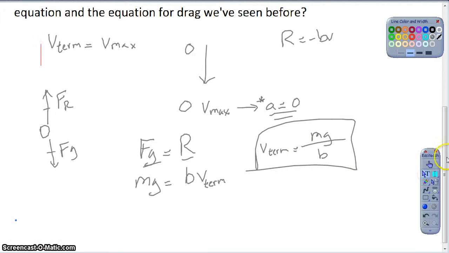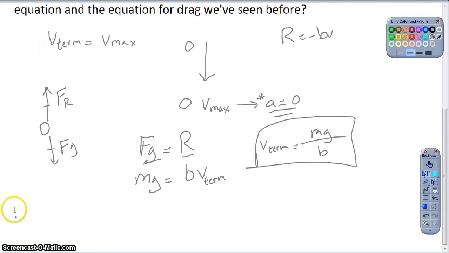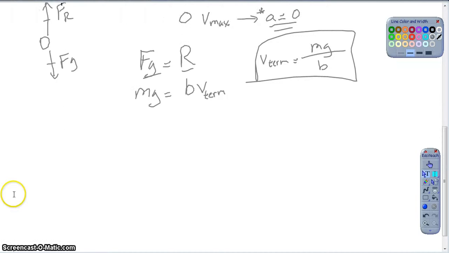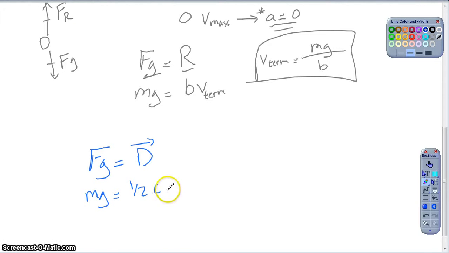If I wanted to do it with my drag equation, I could certainly do that as well. Nothing much worse than what we just saw, it just has a few more variables in it. Again, it would happen when my force of gravity equals my drag force, when those two forces are equal and opposite. So my mass times gravity equals 1/2 c rho a, and then my velocity squared.